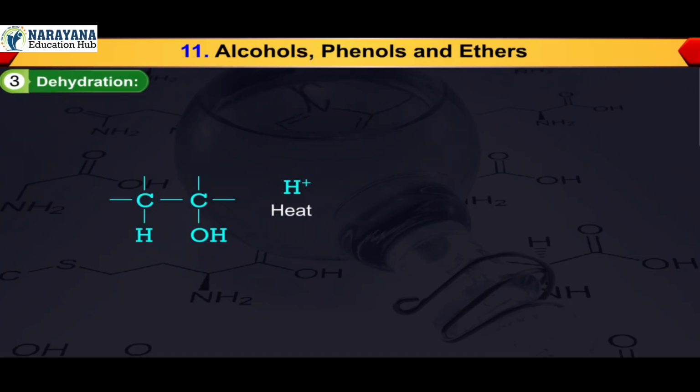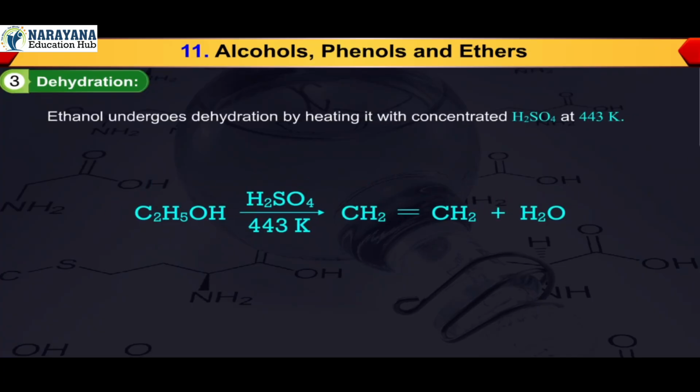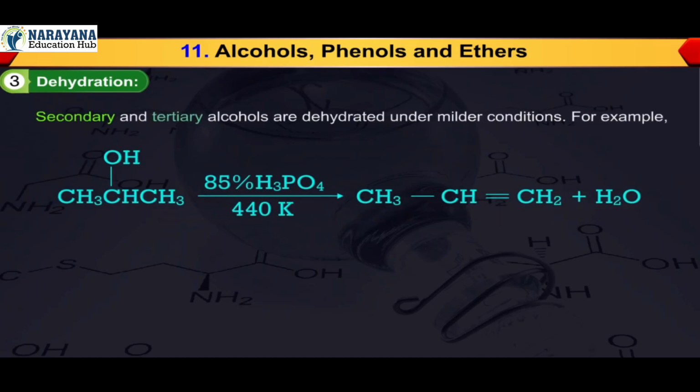C-C(H)-OH, H+, heat, gives C=C plus H2O. Ethanol undergoes dehydration by heating it with concentrated H2SO4 at 443 Kelvin. C2H5OH, H2SO4, 443 K, gives CH2=CH2 plus H2O.